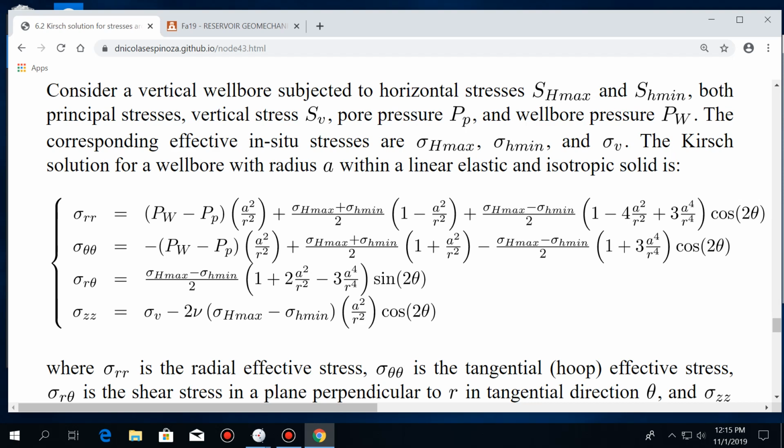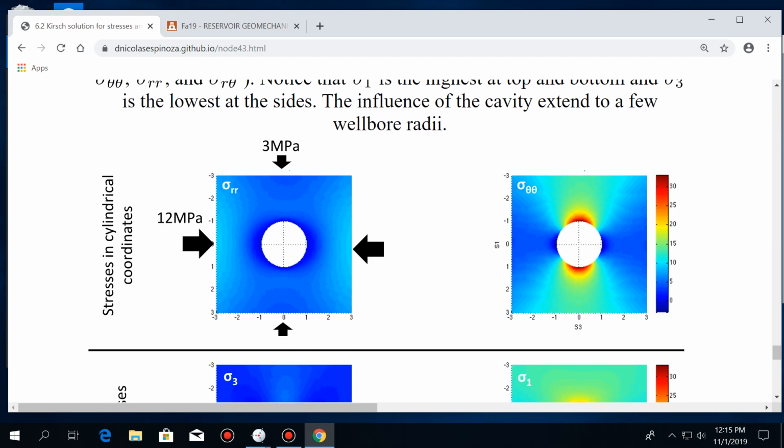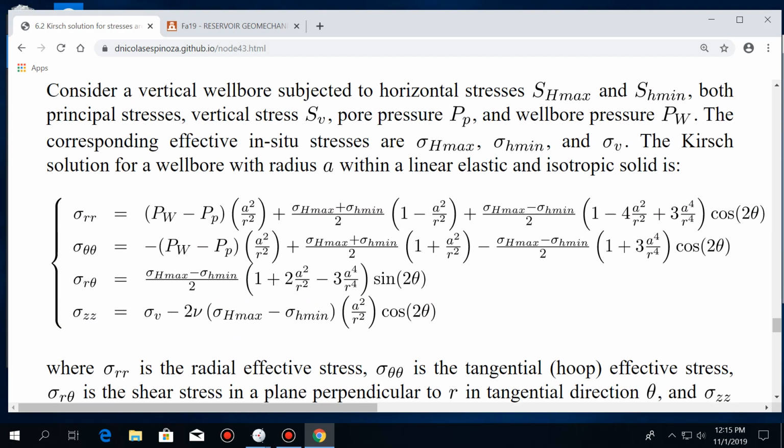But we're not interested in all r's. Right now, I'd like to calculate stresses at the wall of the wellbore, because that's where the stresses are the highest or the lowest. So for these equations, what I'd like to do is just get sigma RR and sigma theta theta, and we'll do also sigma R theta for r equal to a.